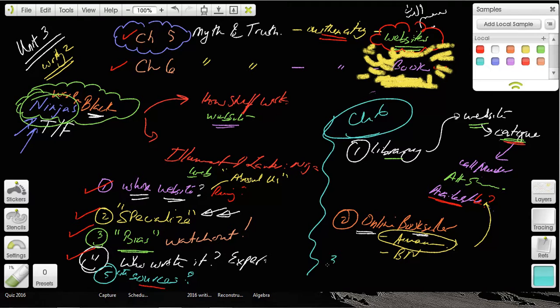Another way is to look for books on a particular topic. Let's say you want to look for a book on the history of Alaskan Native Americans. You can go to the library and do a search on their card catalog, or you can do a search on the online booksellers. Or you can look at the references of biographies.